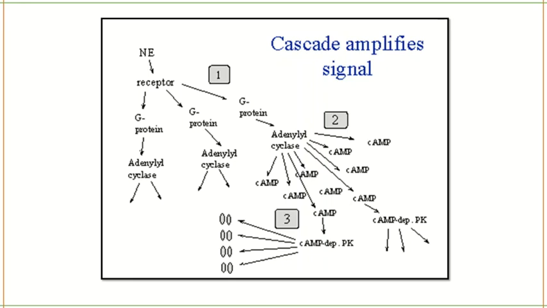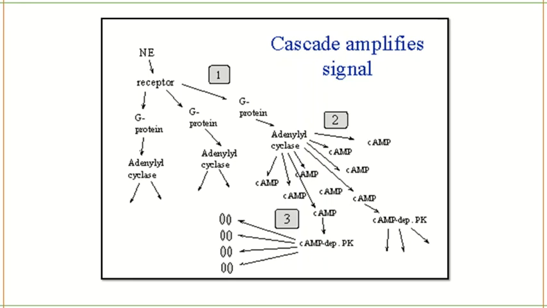The G protein, after it gets activated, will activate the adenylyl cyclase. Activation of adenylyl cyclase will take place here. One adenylyl cyclase will produce several molecules of cyclic AMP.